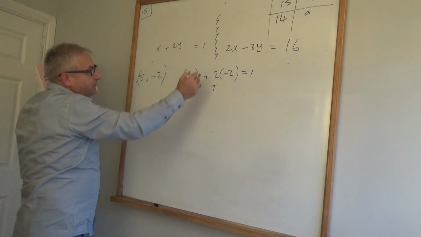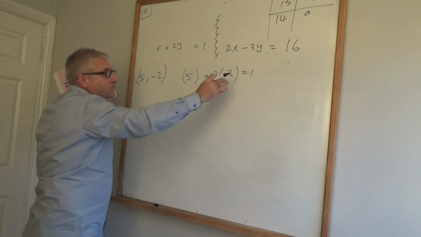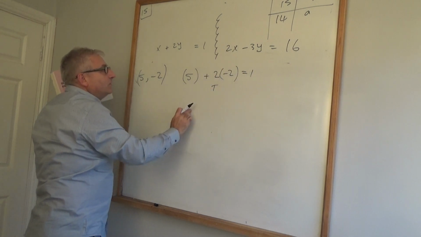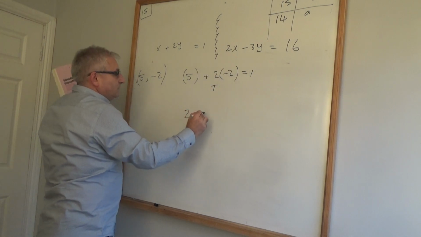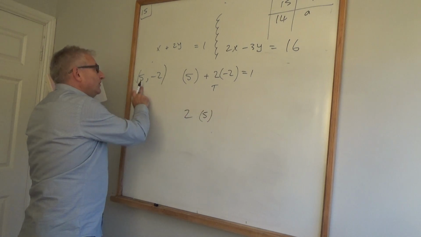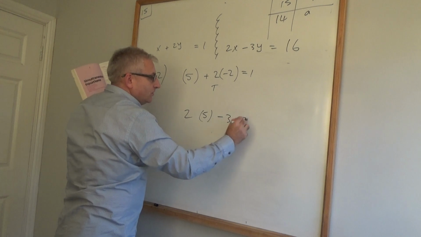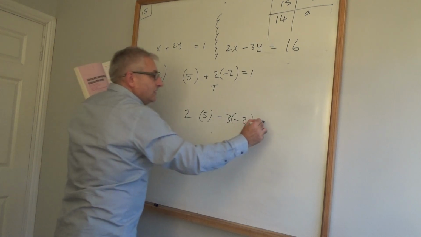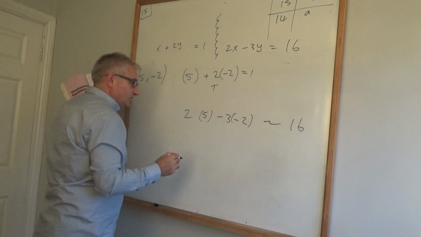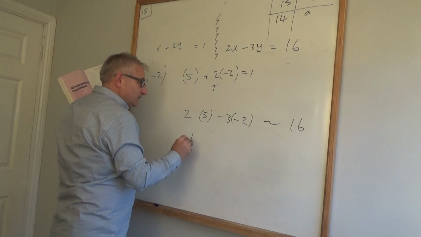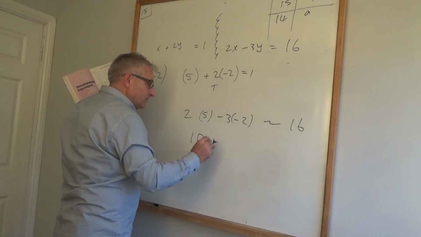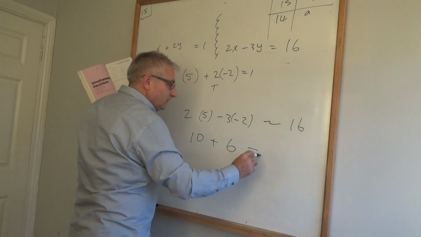Okay, I'm going to be able to use a bit of flexibility. I've stretched myself over there a bit, so I'm going to put this here. 2 times 5, -3 times -2, separated from 16, I think we're looking good here. 2 5s is 10, minus by minus is plus, 3 2s is 6, is indeed equal to 16.